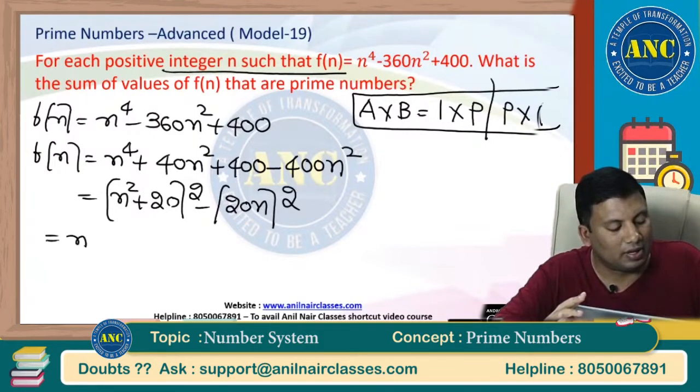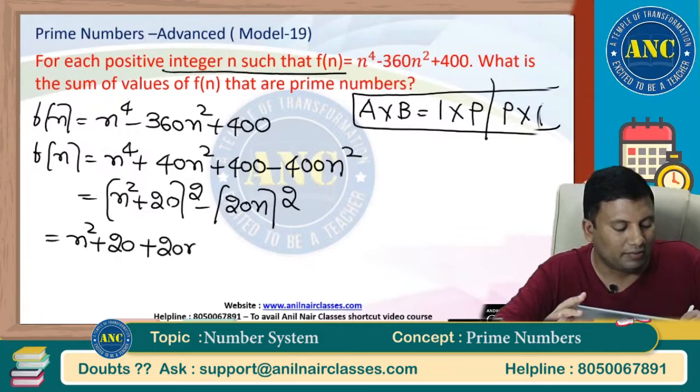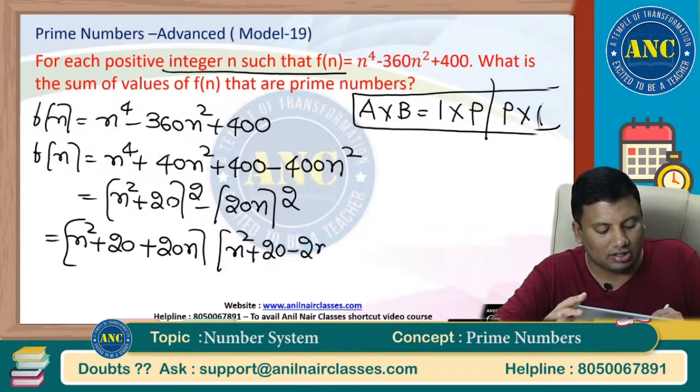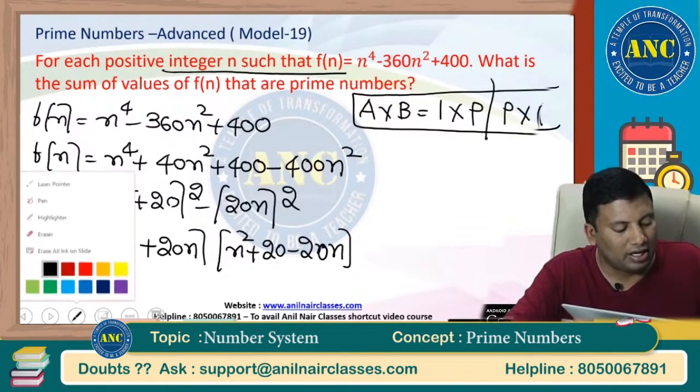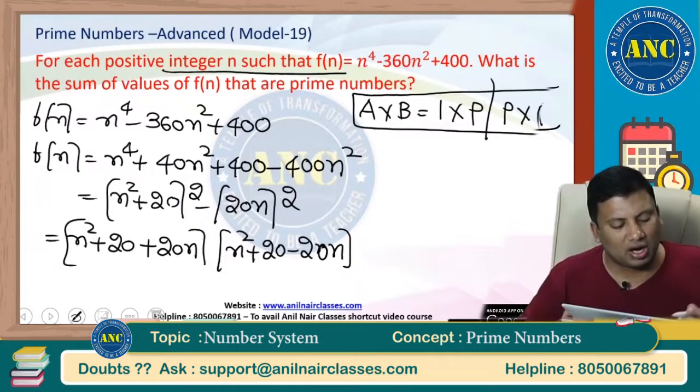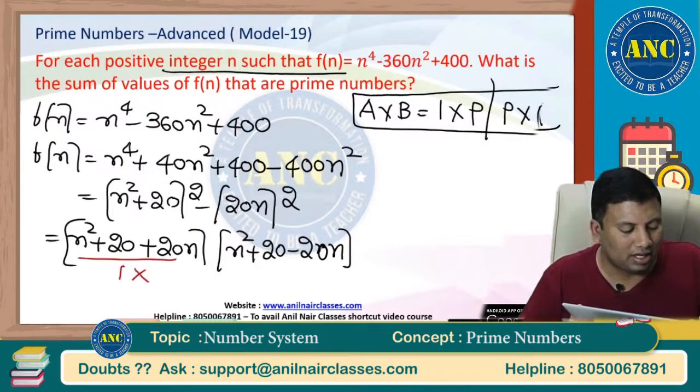These are nothing but n square plus 20 plus 20n into n square plus 20 minus 20n. I hope 1 into p or p into 1. Already we did it. Once you get the idea, the most complex questions will also become easy.